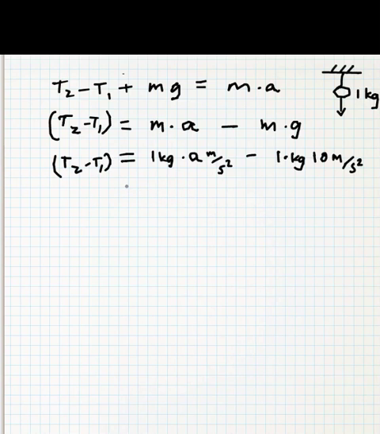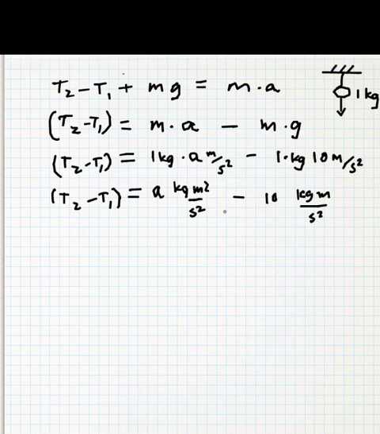So now what we have is this equation that shows us that a kilogram meters per second squared, those are the units, minus 10 kilogram meters per second squared is equal to the difference in these tensions, T2 minus T1. Now, oops, I have a meter squared there, that is goofy.